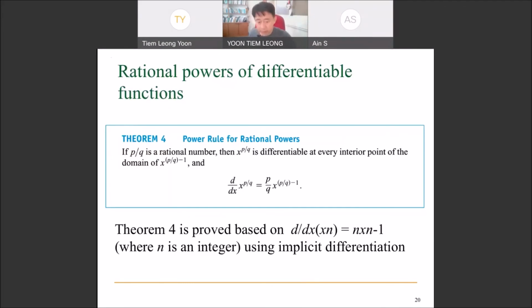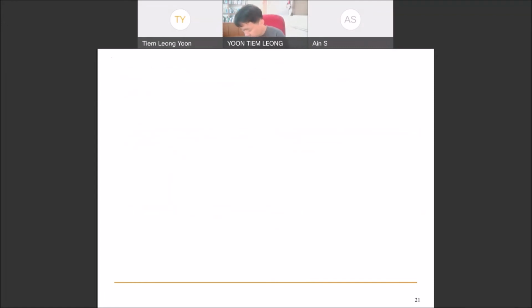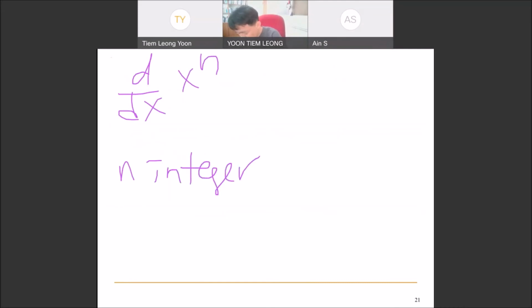Basically, Theorem 4 is a generalization of the previous theorem where the power of x is an integer. If n is an integer, then you can just use the earlier rule. We learned this earlier on, but here instead of n being an integer, it is replaced by the ratio of two integers.